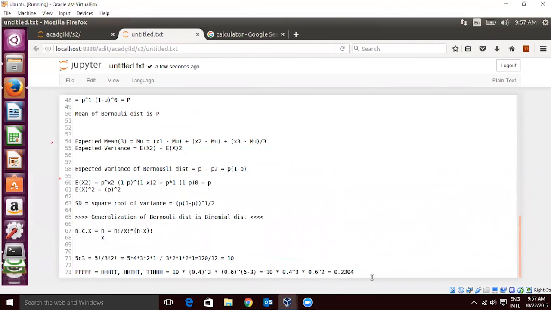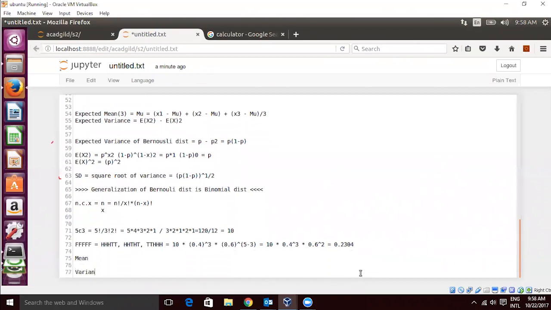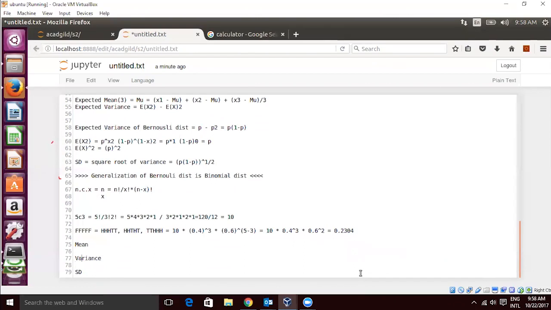As of now, we will see what the mean, variance and standard deviation could be, as with the Bernoulli distribution.